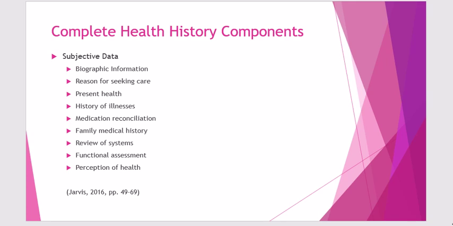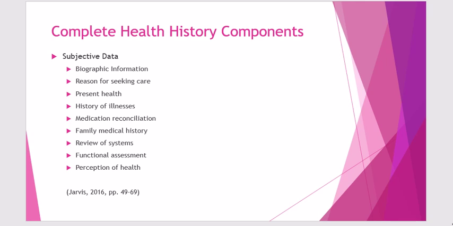Next is history of illnesses. This includes illnesses during their childhood, any accidents or injuries, chronic illnesses, hospitalizations, operations, obstetric history, immunizations, allergies, and their last physical exam.